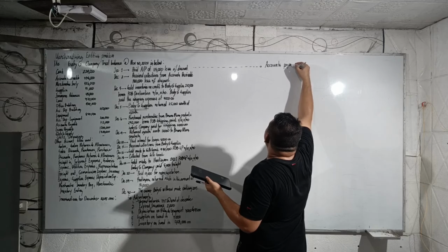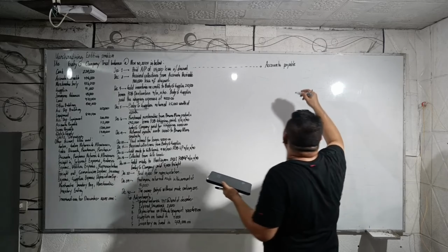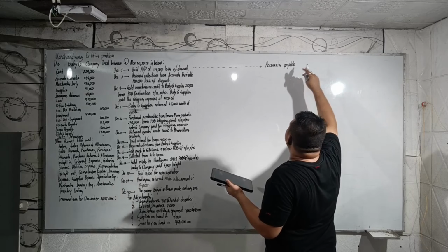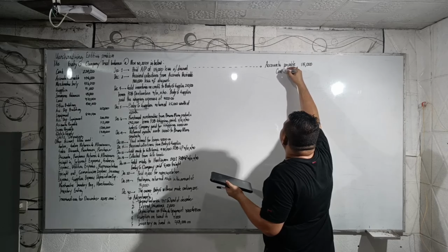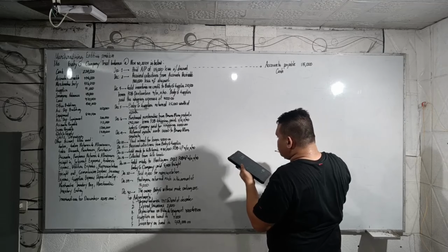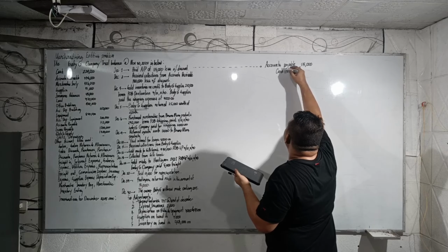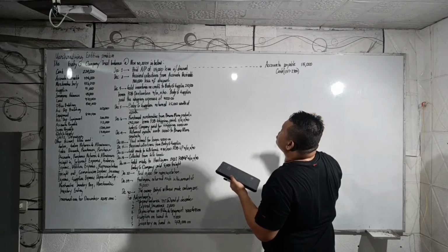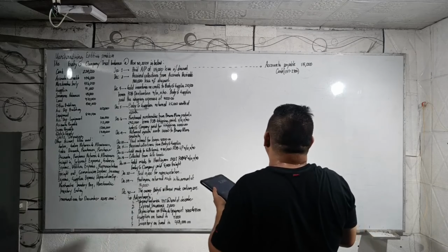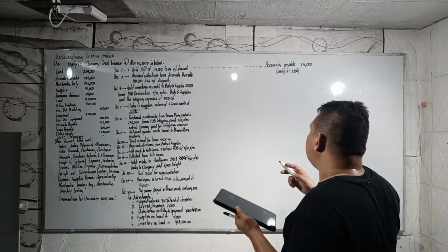Even though you have enjoyed a 2% discount, you're going to debit 115,000. And then the cash will become 115,000 minus 2,300. 2,300 is the 2%. So 115,000 times 0.02, that's 2,300.